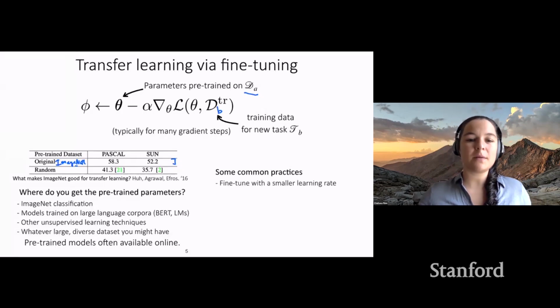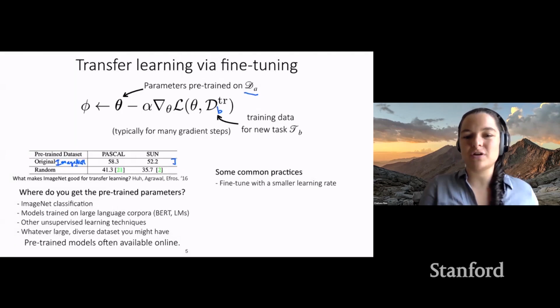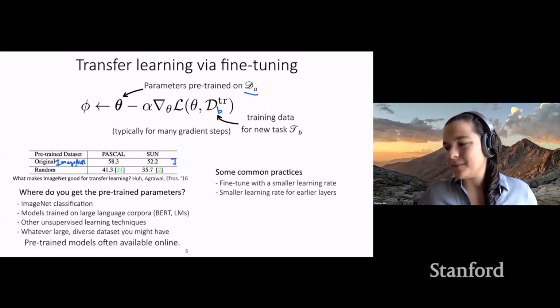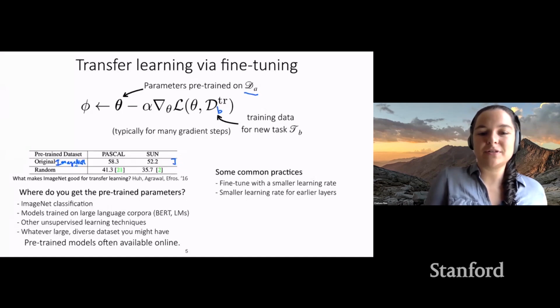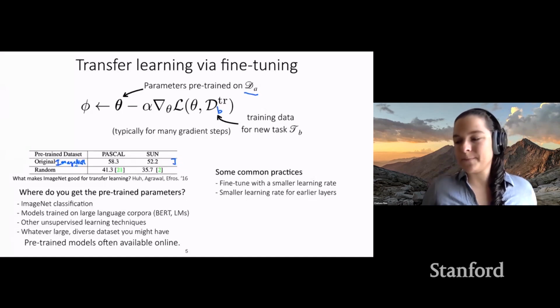It's common to fine-tune with a smaller learning rate so that you don't destroy what is in the pre-trained network with a larger learning rate. It's also common to have a smaller learning rate for the earlier layers, because often the earlier layers in the network have more general purpose features, like edge detectors in an image classification network.